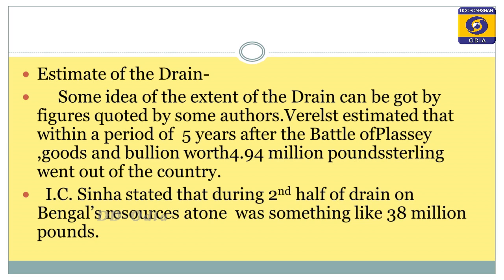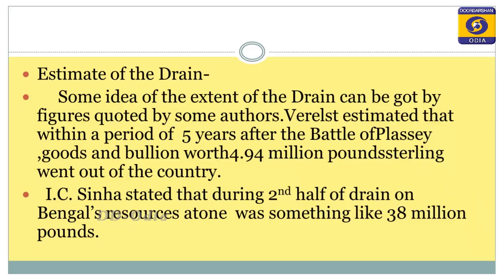The Britishers took away the gold, the silver, the jewelry, the precious stones in a large amount, and they took away the money also. I.C. Sinha stated that during the second half of the period, the drain on Bengal's resources was something like 38 million pounds.